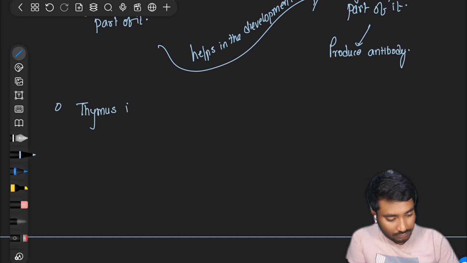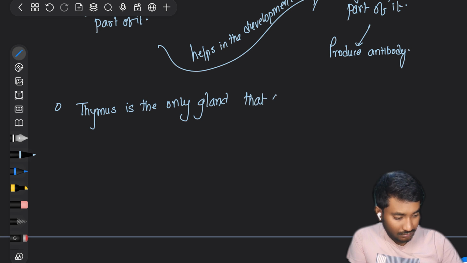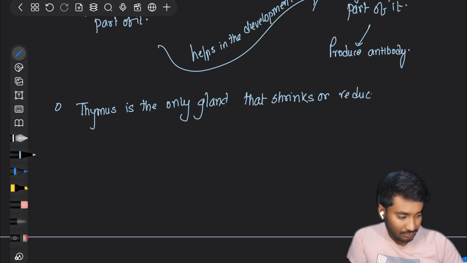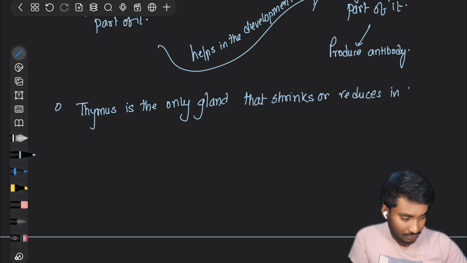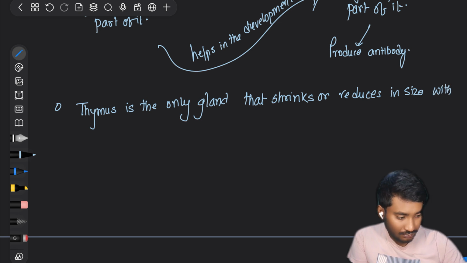The thymus is the only gland that shrinks or reduces in size with age.